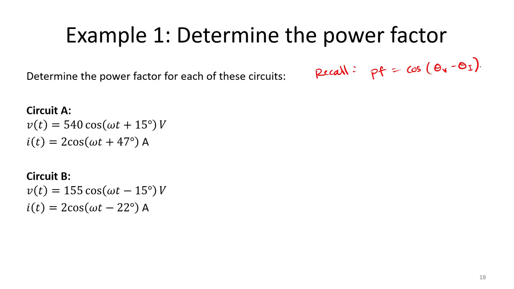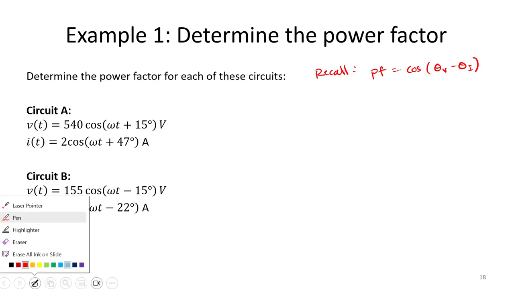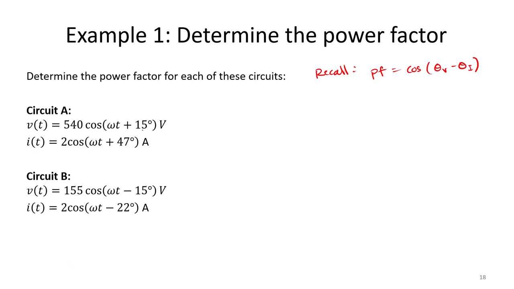So let's start with circuit A. From circuit A, you can see that theta v is 15 degrees, and the theta for our current, theta I, is 47 degrees.